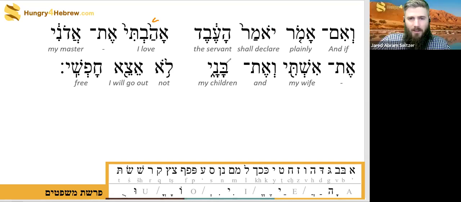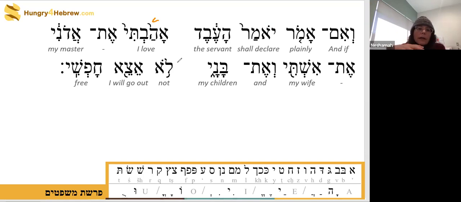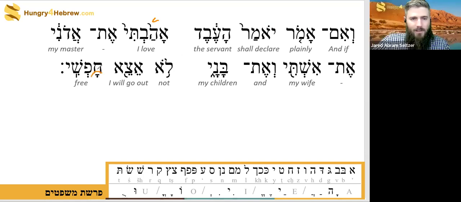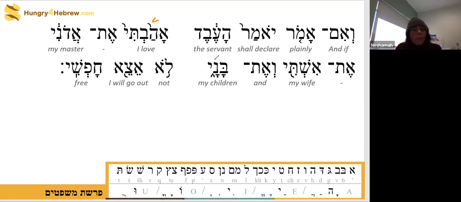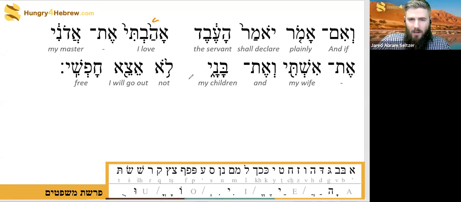Very good. Lo etze hafshi. What's that? Chofshi. Good. So here we can see the logical halfway point is only 3 words from the end of the verse. That's okay.